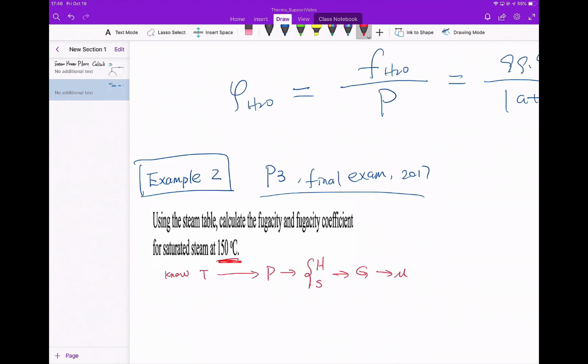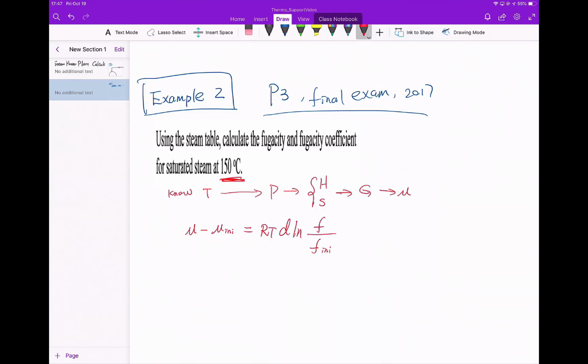There we are still going to set up the calculation as mu. Now this is the pure component, so I'm going to use mu as is. This is mu minus mu initial would be RT log f, interest, over f initial.